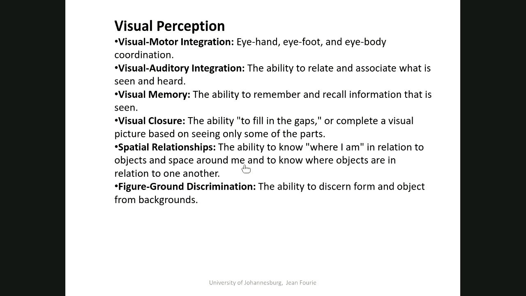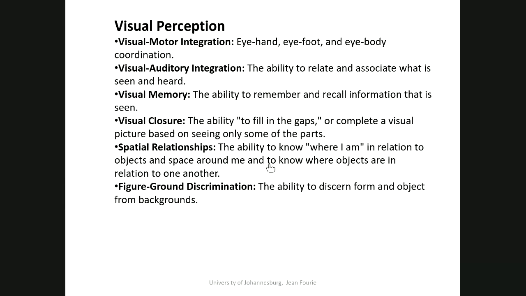Spatial relations, this is the ability to know where you are in space and around you, the ability to know where objects are in relation to one another, your spatial awareness. A lot of children have difficulty with spatial relations if they have not had enough exposure to crawling around and to doing things, to being active as little people.